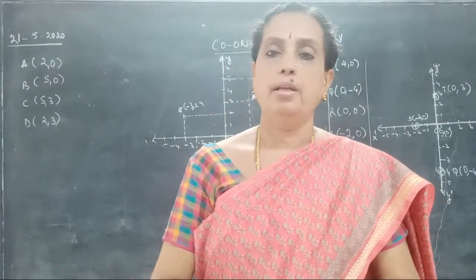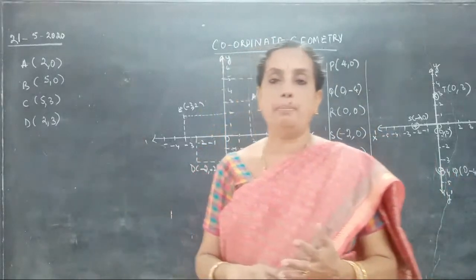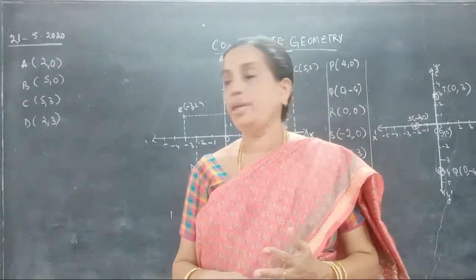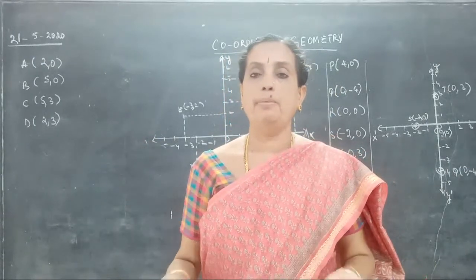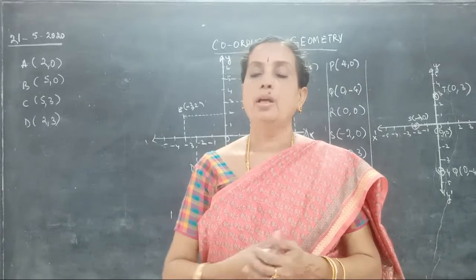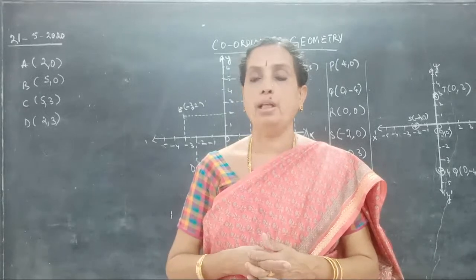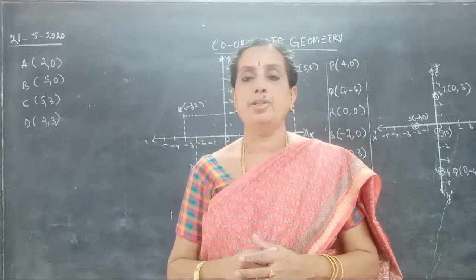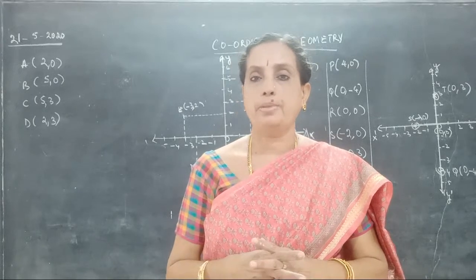These are the conditions. First, you have to locate these points on the Cartesian plane. After joining A, B, C, D, you have to identify the figure. It may be a rectangle, a square or a parallelogram, depending on the shape of the figure. Then shade the region. This question consists of 3 different steps.